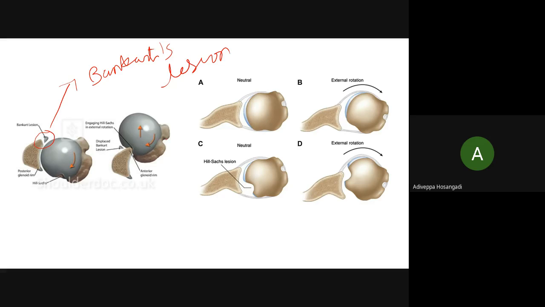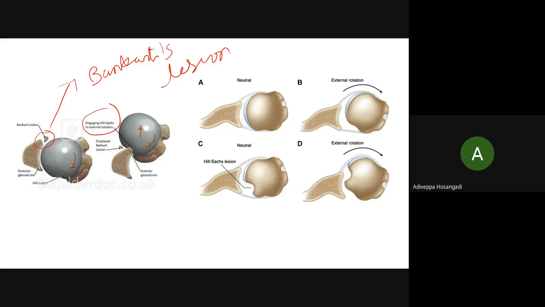Where is this? This is your glenoid, this is your bicipital groove, which is anterior. This is posterior. On the posterolateral aspect of the humeral head, there is a crater or a deep impression, an impression fracture. That is called the Hill-Sachs lesion. Okay, that's very, very important.